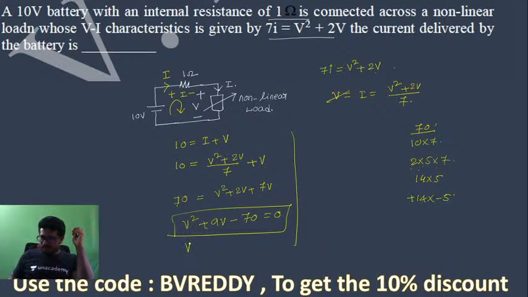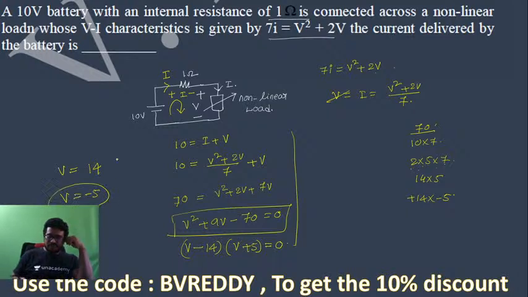So we get V minus 14 into V plus 5 equals 0. Check it here. So from this, V equals 14 or V equals minus 5. Since they are saying this is a source, we take V equal to 14 only.